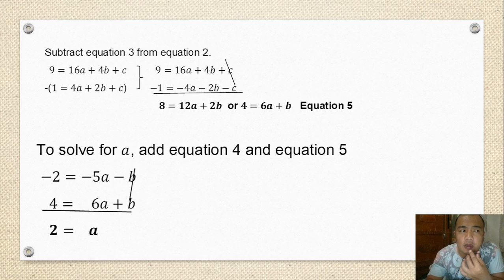In this particular problem, if the graph passes through 3 given points, then our goal is to solve for a, b, and c. By forming equations 1, 2, 3, and 4, 5, we come up with the value of a, which is equal to 2.